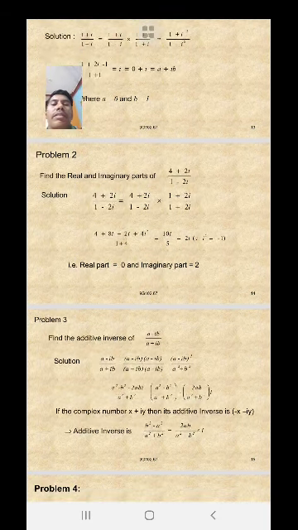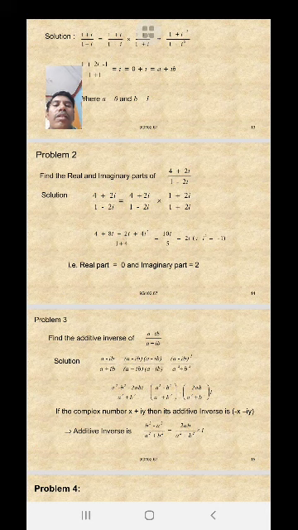From the given question we find the real part and imaginary part by simplification. How do we simplify? We take the conjugate of the denominator and multiply and divide the given fraction.